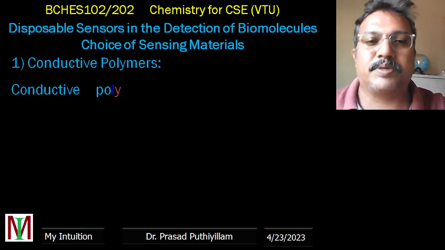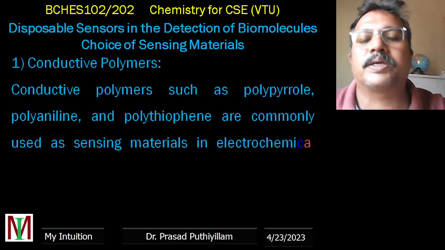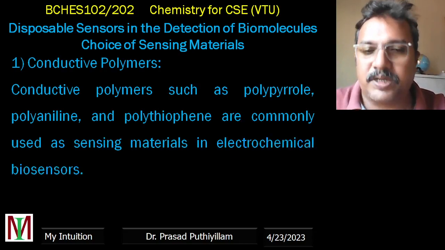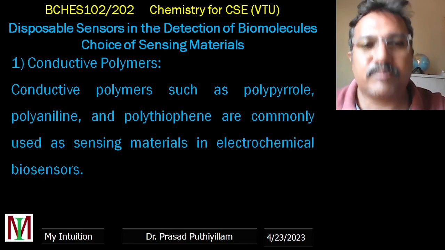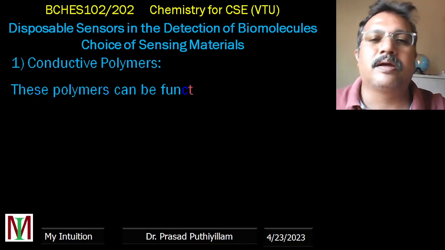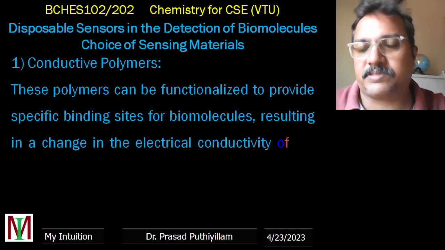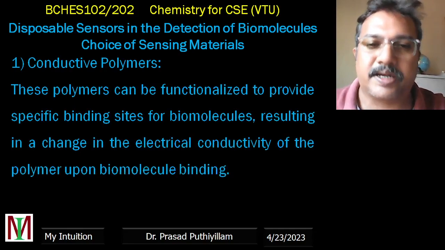Now, the choice of sensing material in disposable sensors. Conductive polymers can be used, like polypyrrole, polyaniline, and polythiophene, which are the commonly used conductive polymers in disposable sensors for the detection of biomolecules. These are the properties why we are using such conducting polymers.